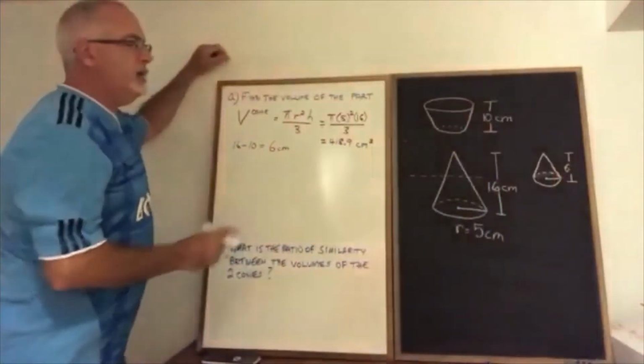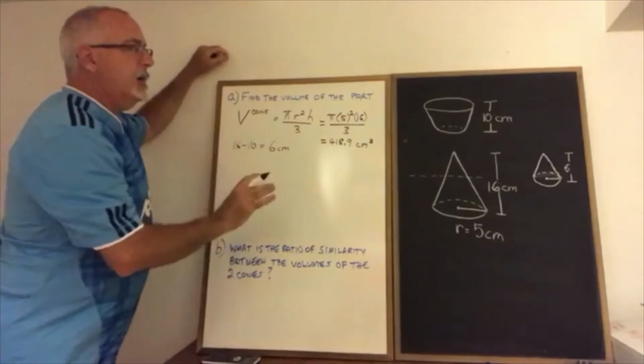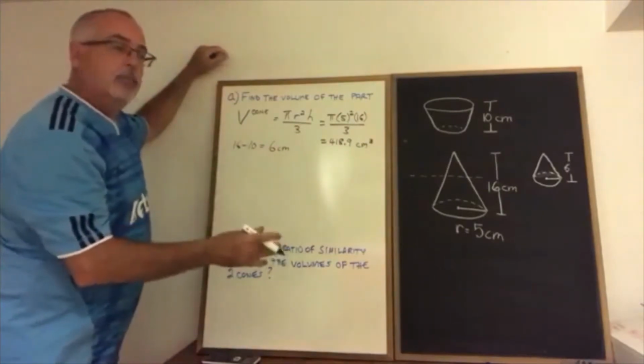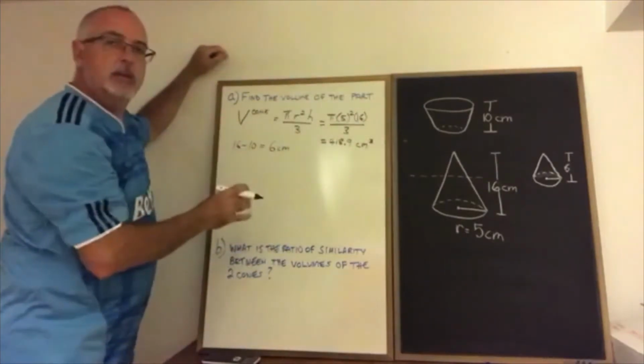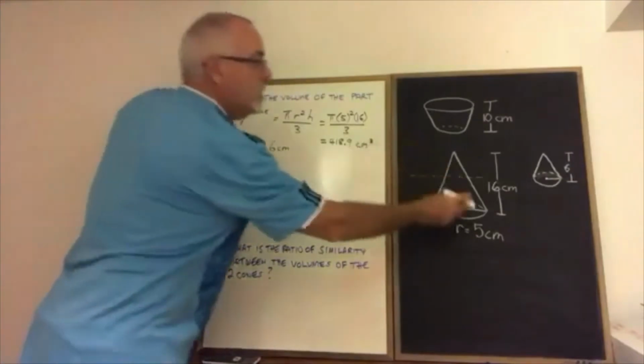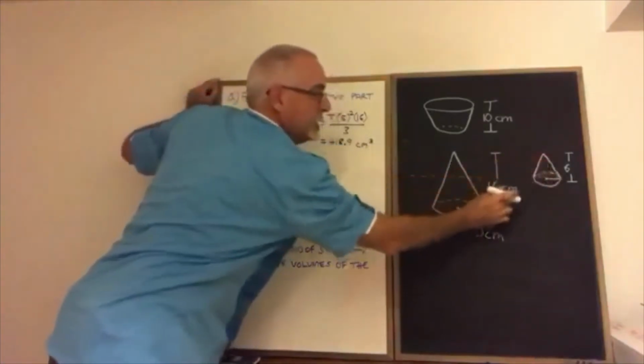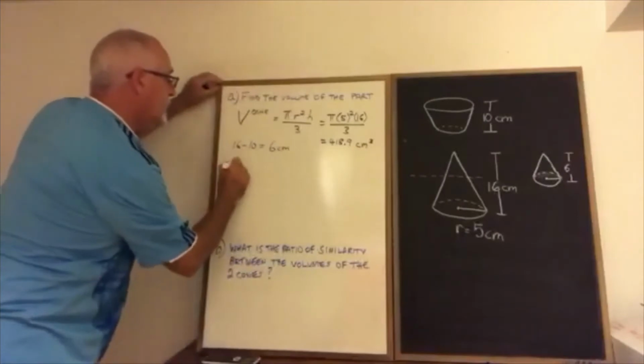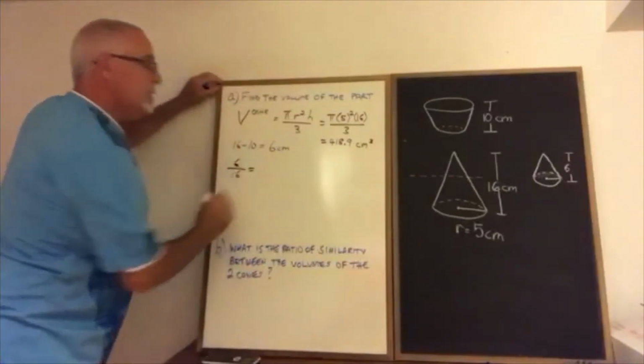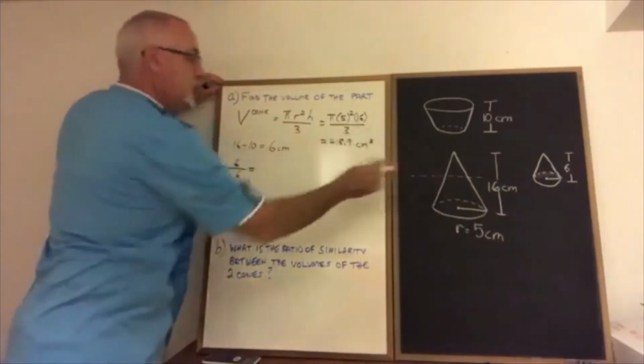Now, to find the radius, I can use the ratio of similarity between the distances of these two cones, because I know the height of the small one is 6 and the height of the large one is 16. So 6 over 16 gives me a ratio of similarity between the two cones.